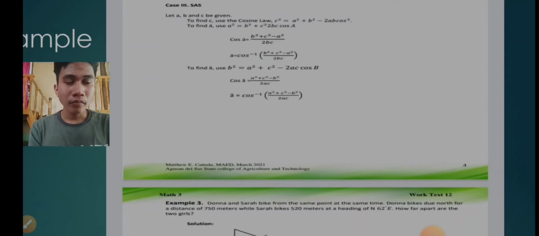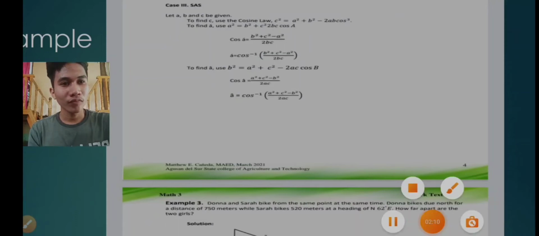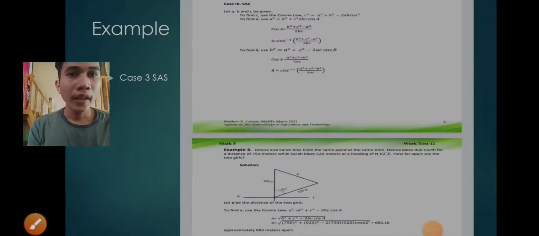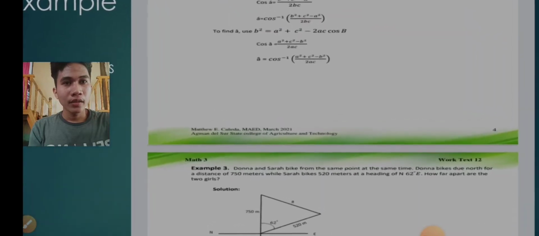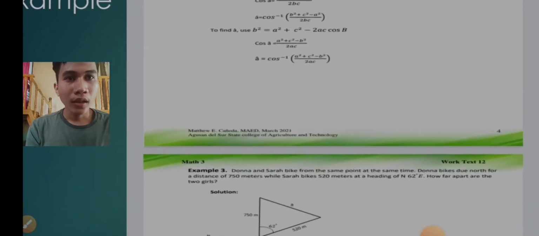To find angle B, use b squared is equal to a squared plus c squared minus 2ac cos B. Then cos B is equal to a squared plus c squared minus b squared over 2ac.